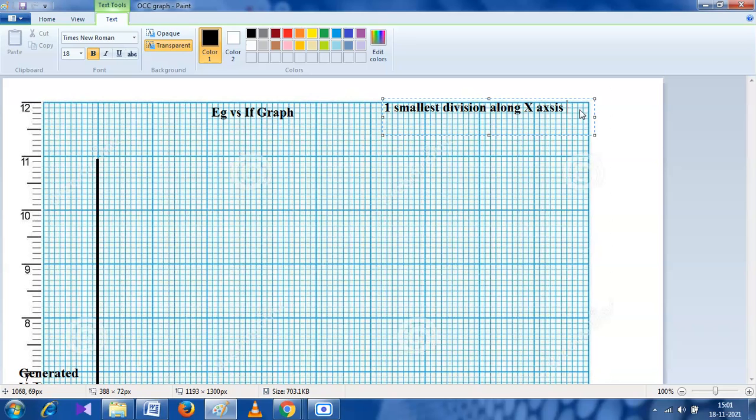The smallest value in x-axis is 0, sir. 0. Yes, sir. No. 0.005.